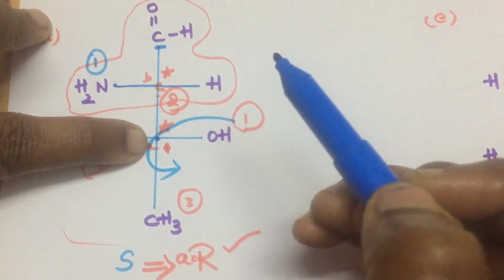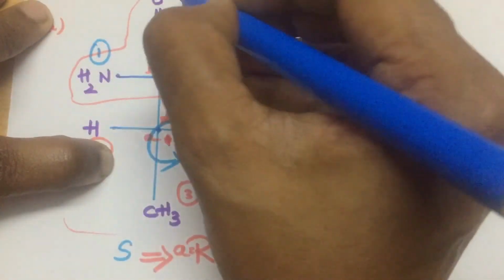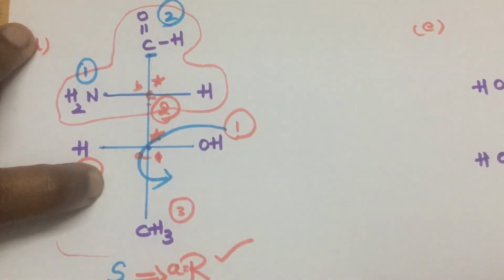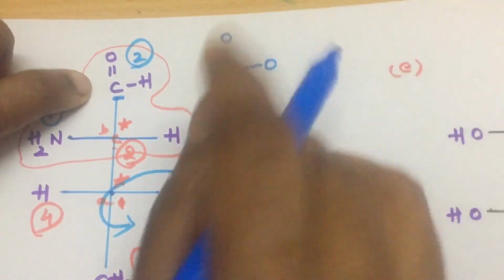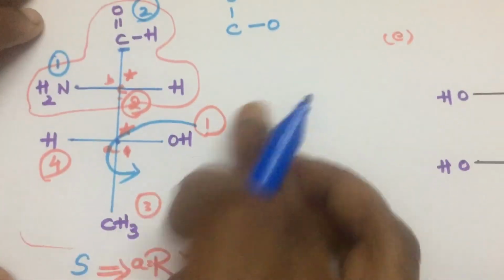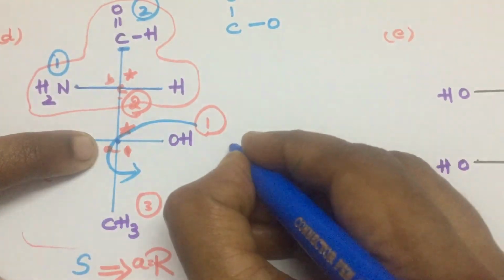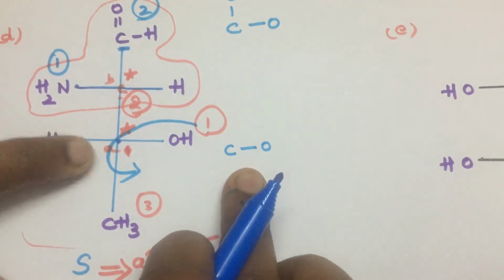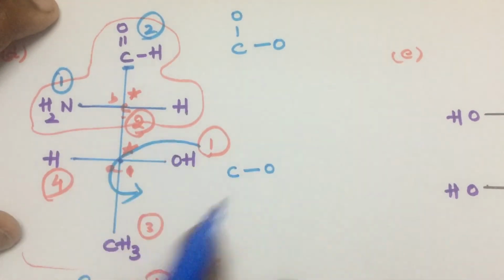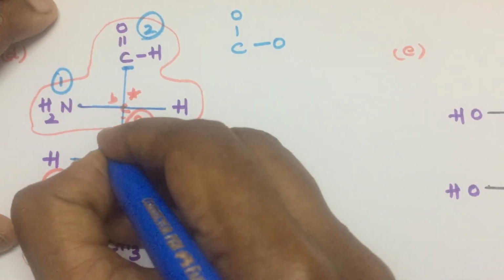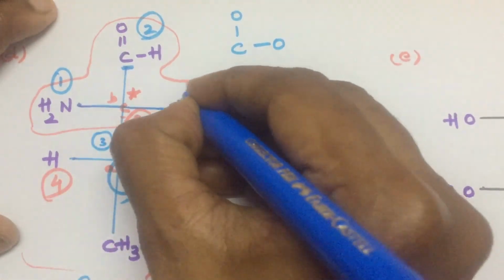This is also carbon, so I am going to give priority to the aldehyde group, because this double bond O is connected with 2 oxygen. Here this carbon is connected with only 1 oxygen, so we give priority 2 to this one, the whole group is 3 and this is 4.